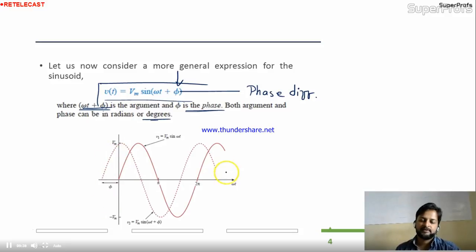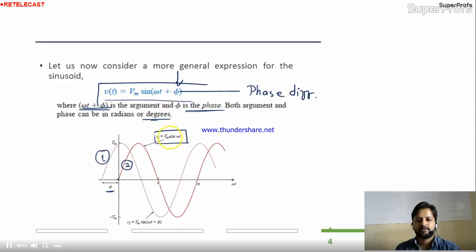See friends, if you observe these two waveforms given over here, the first, dark one is nothing but V1 = Vm sin ωt. Another, dotted waveform is shifted by φ, meaning the phase difference between waveform 1 and waveform 2 is φ.